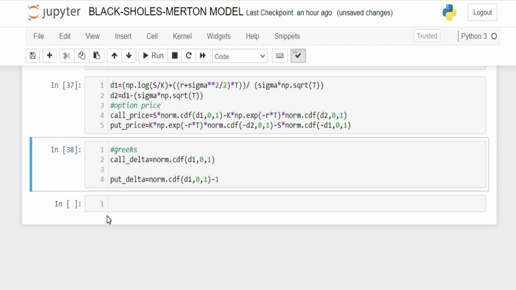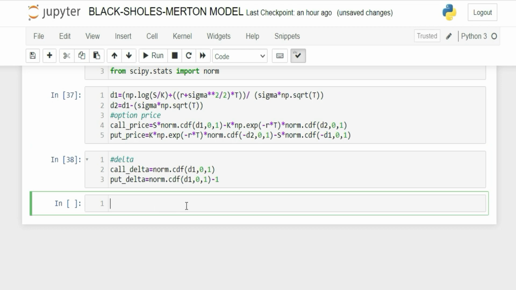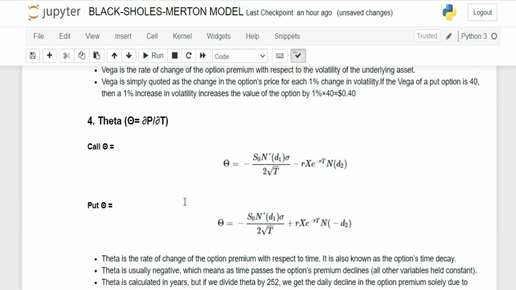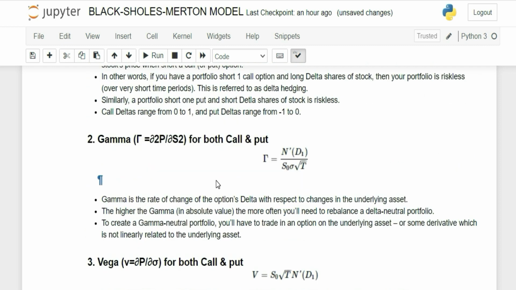Okay, now let's go to the next Greek. The next Greek is gamma. What is the formula for gamma? It is N dash d1 divided by S0 sigma root t.